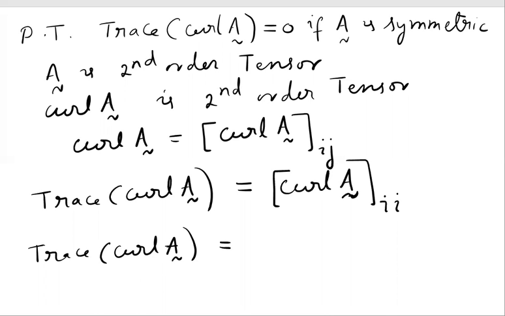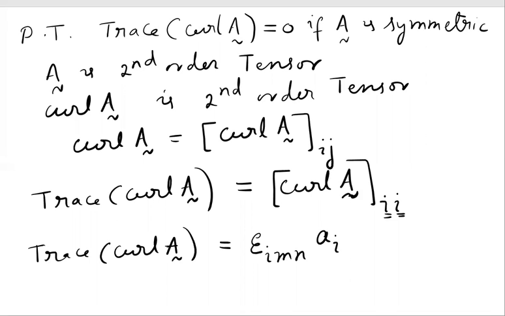Now, what is curl A_ii in terms of tensor notation? That's nothing but epsilon. In the first place you have i. Next I should choose two suffixes, choose m and n, and I should write the components of that second order tensor capital A. So A, and in the second place is also i, so I will put i here.